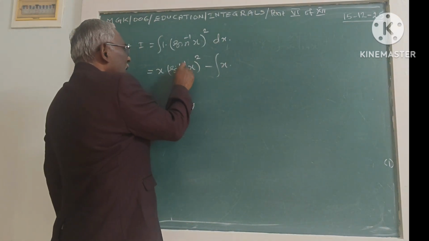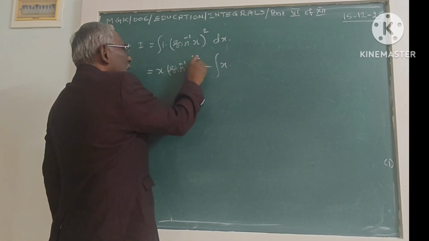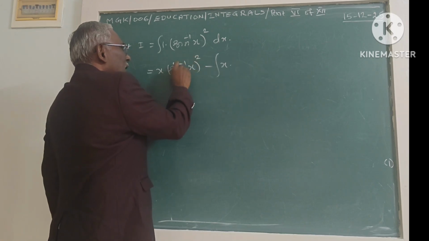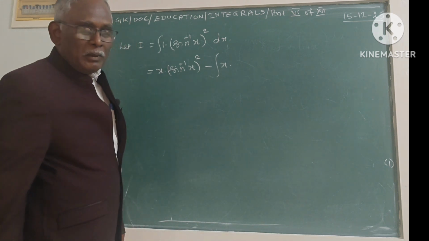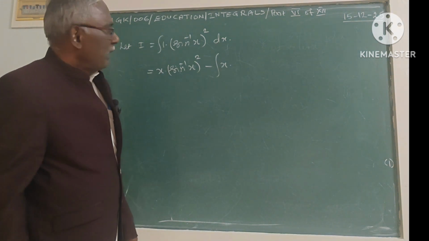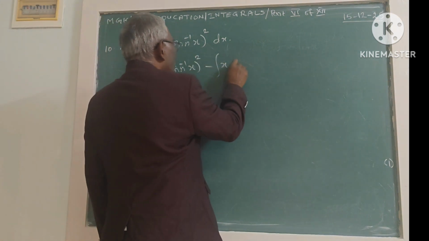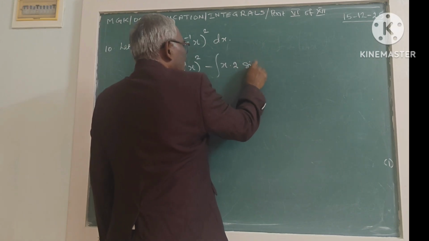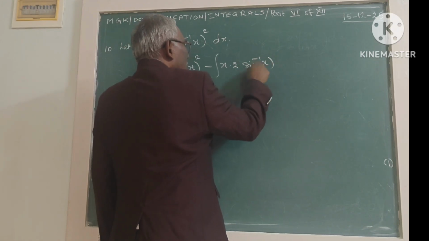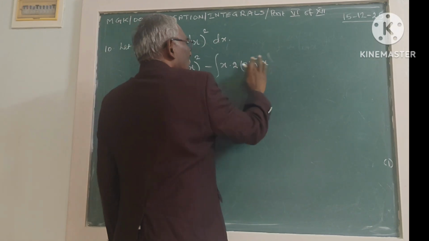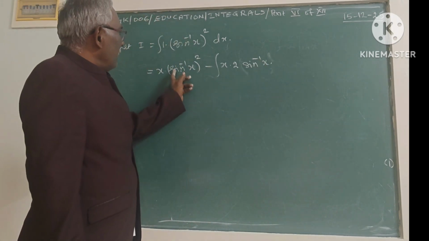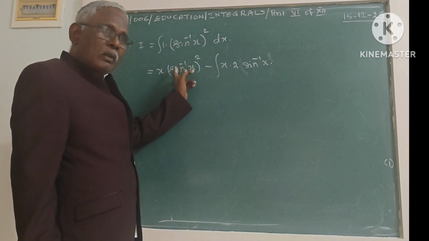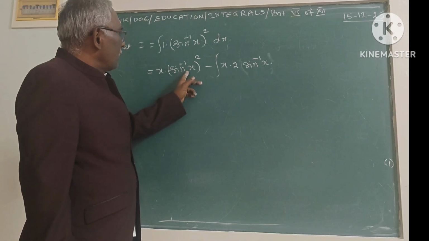If we differentiate (sin⁻¹x)², what will come? This is in the form of xⁿ. If we differentiate xⁿ, n into xⁿ⁻¹. So this will be 2 into sin⁻¹x to the power 2 minus 1, so it will be 2 times sin⁻¹x only. Again this is not x, so that means we have to differentiate this further.